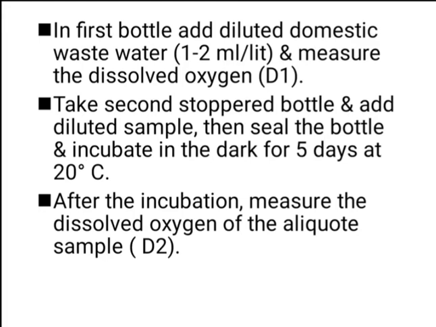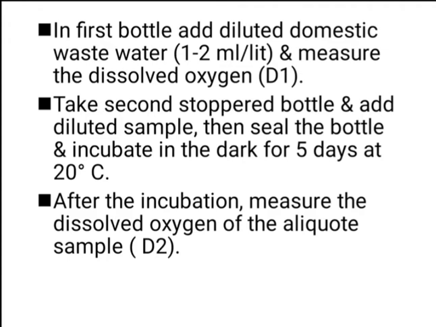So just take domestic wastewater which we have diluted. This is around 1 to 2 ml per liter, and measure the dissolved oxygen, that is D1. So in the first bottle, which we have labeled as B1, you have to take the diluted water which we have initially diluted.